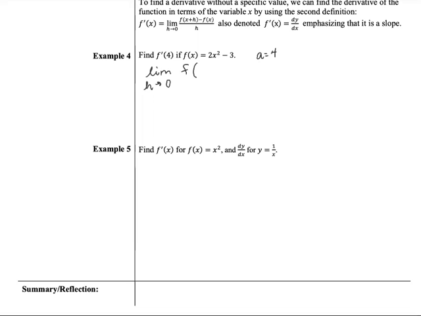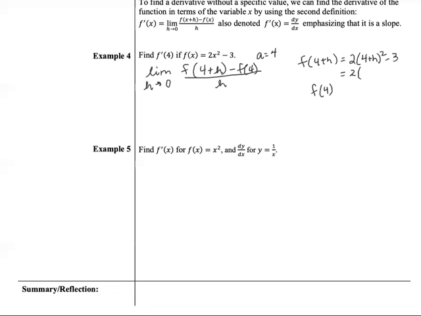So f of 4 plus h minus f of 4 divided by h. All I'm doing is I'm substituting a into my definition of a limit. And then I need to find what is f of 4 plus h. And I'm going to need f of 4. So f of 4 plus h, everywhere there was an x, I substitute 4 plus h into my function. 2 times 4 plus h squared minus 3.